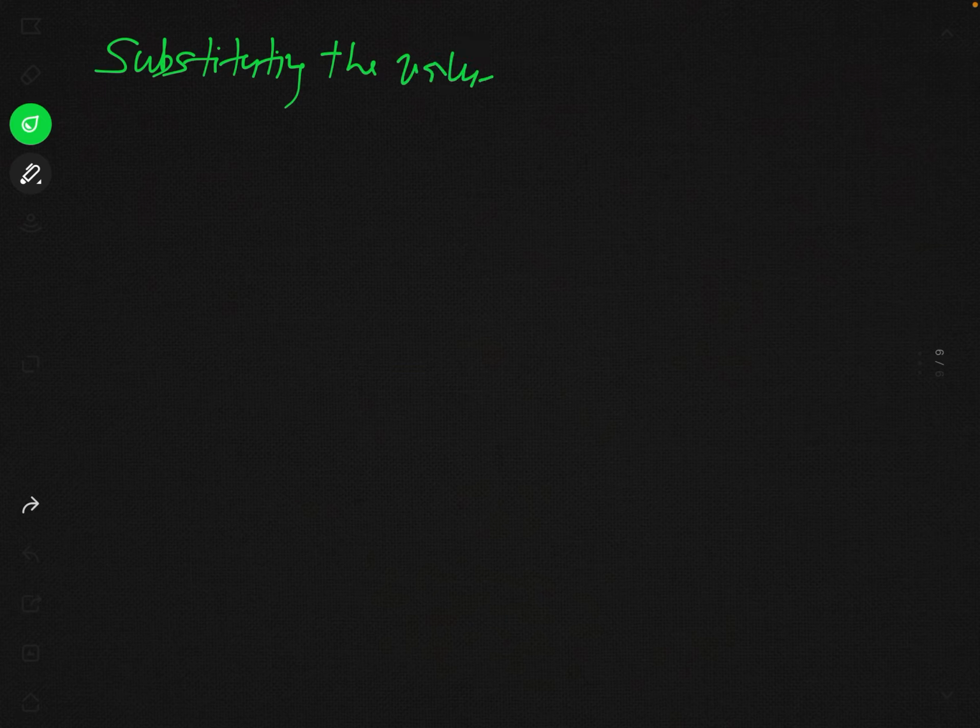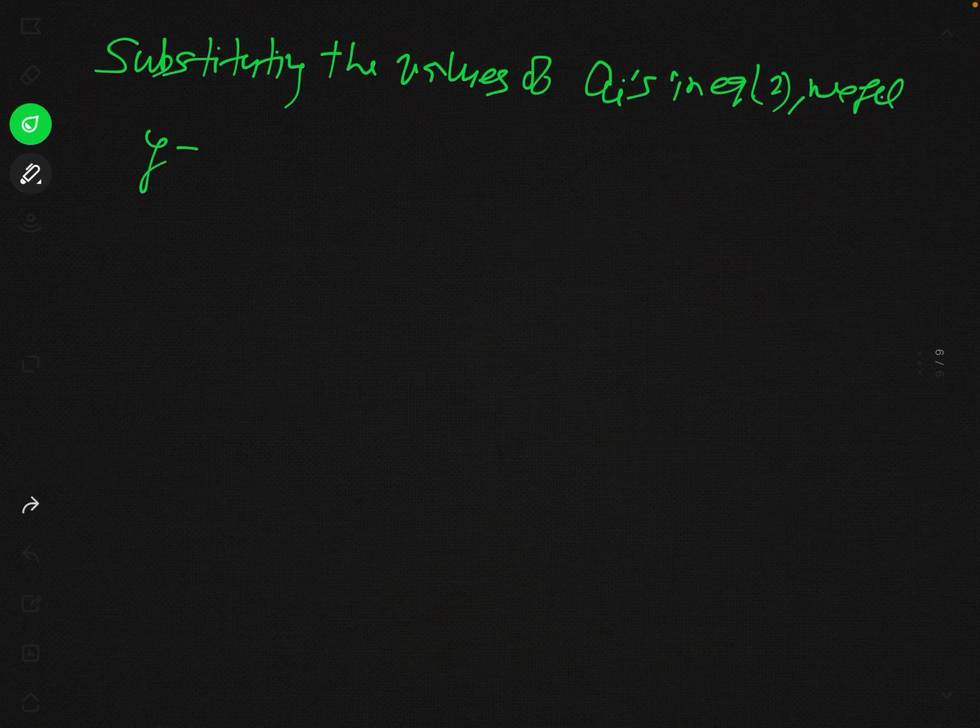So substituting the values of different coefficients, the a's, in equation 2 we get, you can see it easily, what is this equation 2?